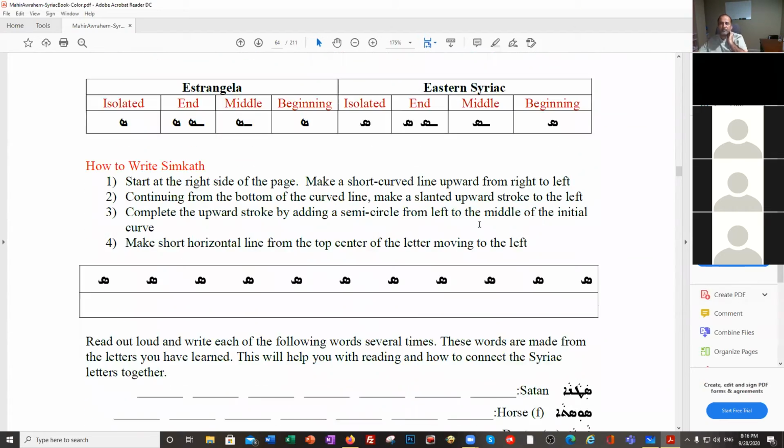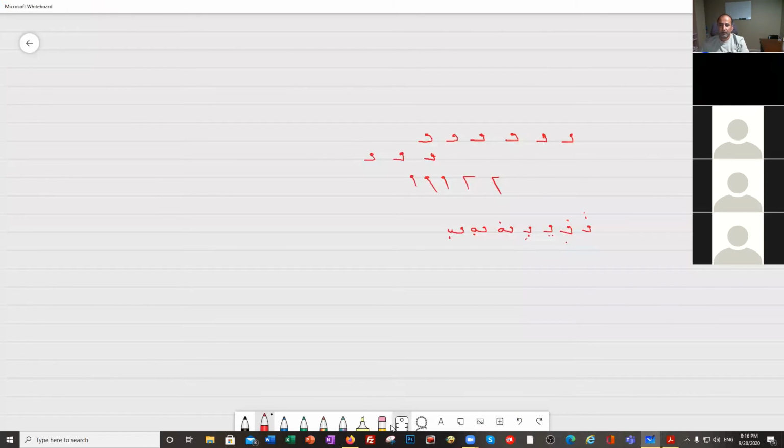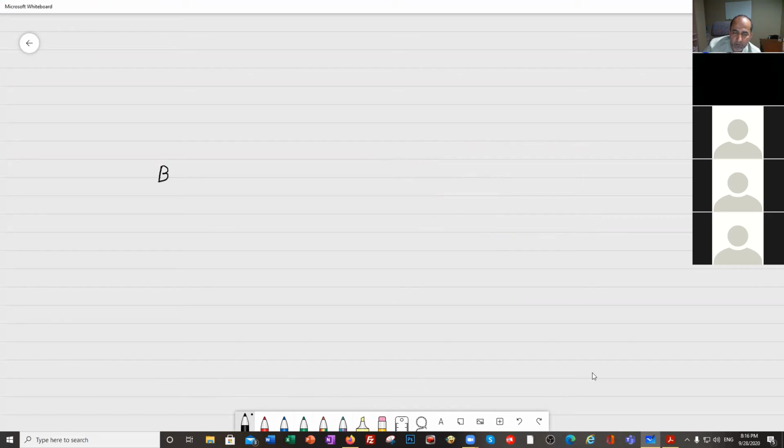How are we going to write simkath? Let me change the screen and erase this here. In English we write B like this one, right? Now simkath is almost a B, but lying down with the tail.